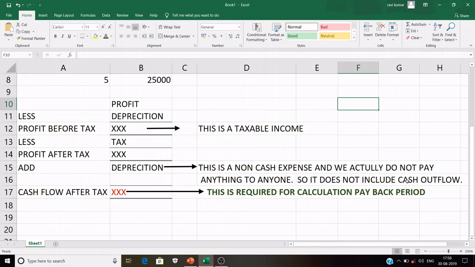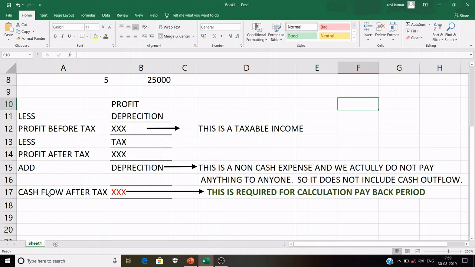That's why, to get cash flow after tax, we add depreciation again. After adding depreciation, we get cash flow after tax, which is required for calculating the payback period. In this question we have profits directly, so we cannot calculate the payback period directly, because we need cash flow after tax.